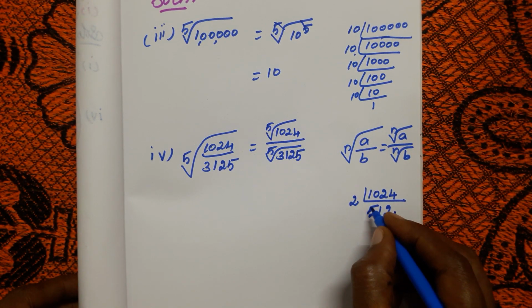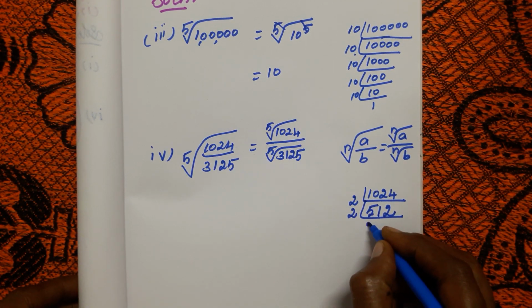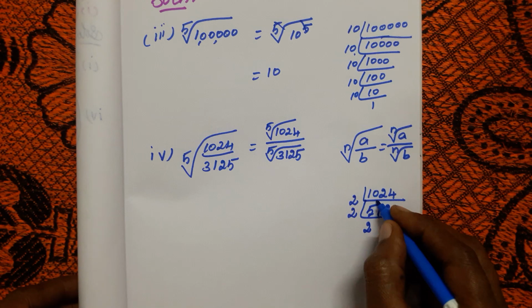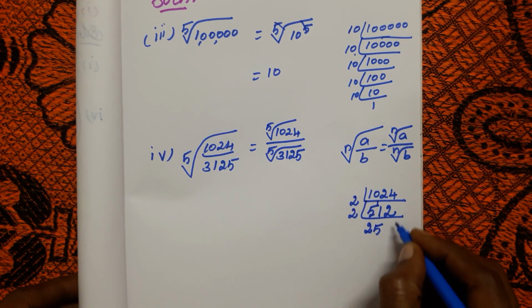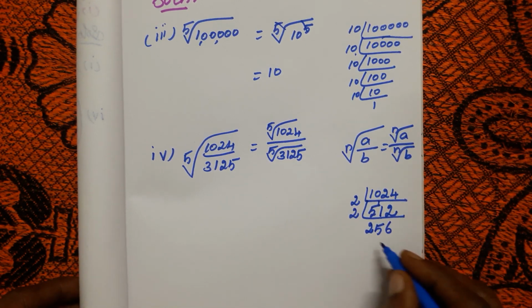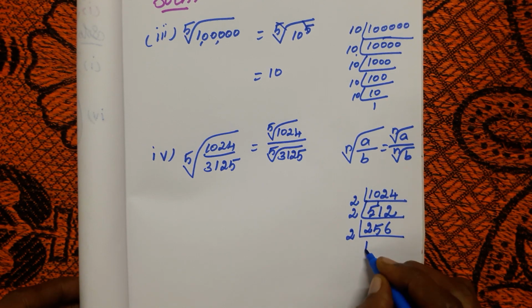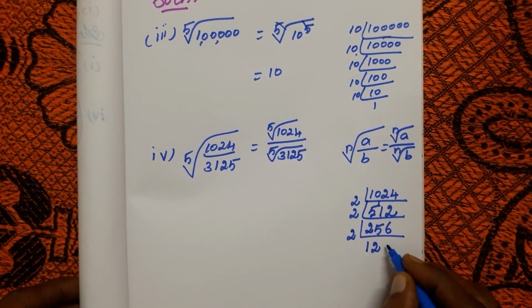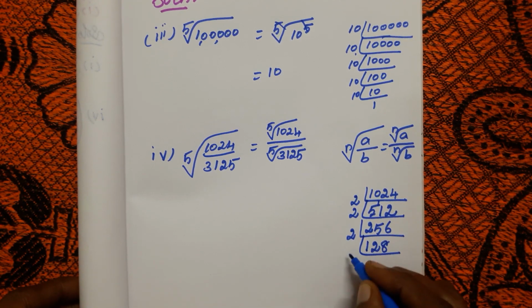Again, we can factorize with 2 table. 2 2s are 4, 1 balance. 5 2s are 10. Next again, 6 2s are 12. Again, which table? 2 table. 1 2 is 2. 2 2s are 4. 8 2s are 16, 1 balance. 8 2s are 16.